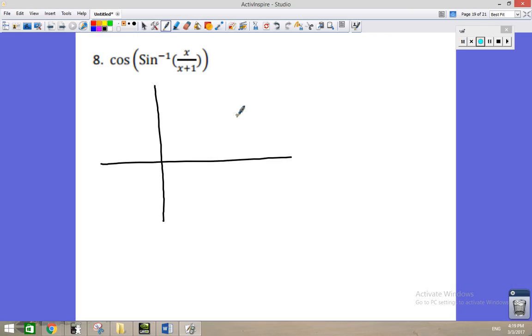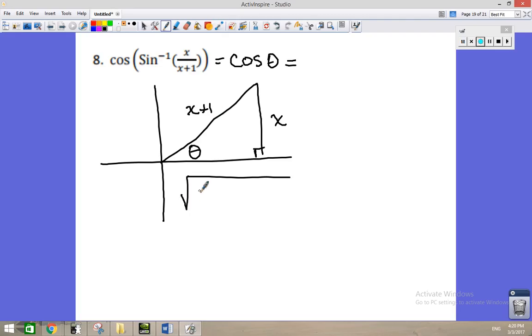Inverse sine, think either quadrant 1 or quadrant 4. I'm going to put the angle in quadrant 1, and the x over x plus 1. Since it's sine, the opposite leg, I'm going to let it have the length x. The hypotenuse, x plus 1, so this missing leg is x plus 1 quantity squared minus x squared.